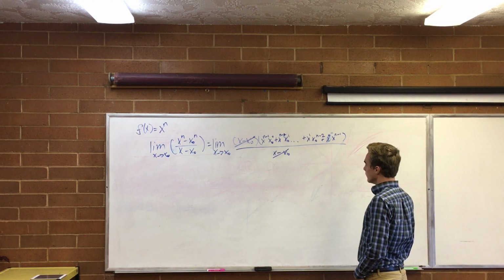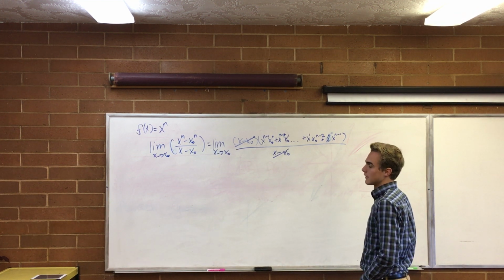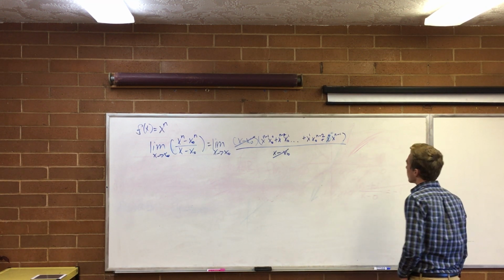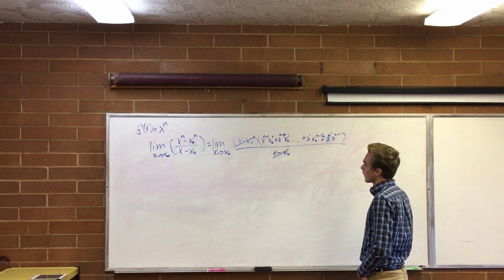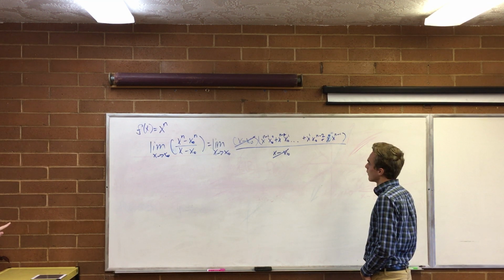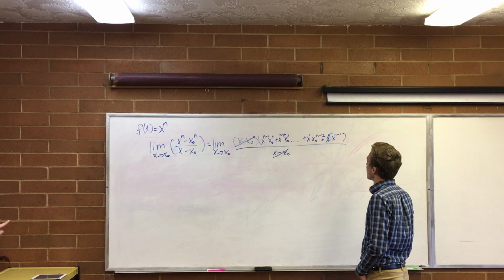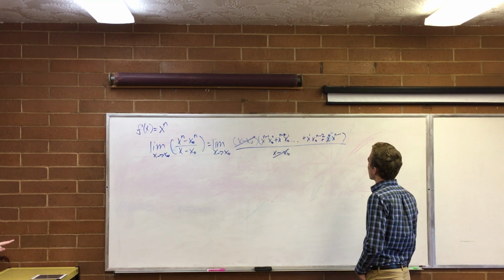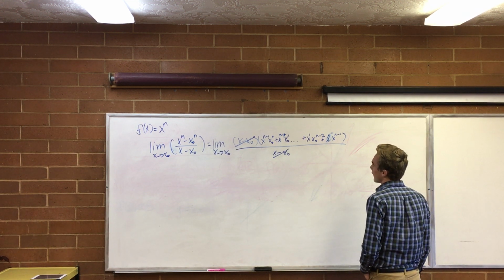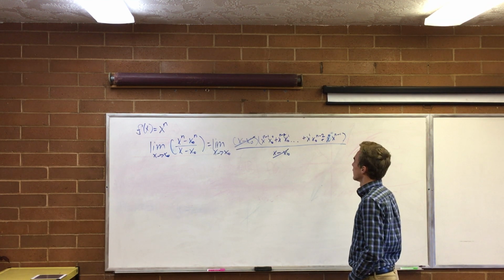How many terms are there in that thing? There's n terms. And every one of those terms is going to be to what power? n minus 1. n minus 1 and 0 is n minus 1; n minus 2 and 1 is n minus 1. Remember, when you multiply terms together, you add the exponents. So it's x naught to the n minus 1.